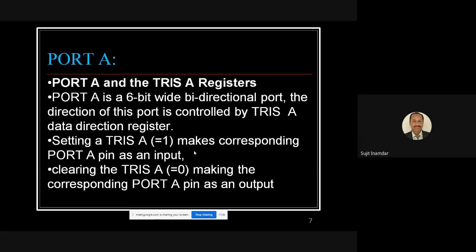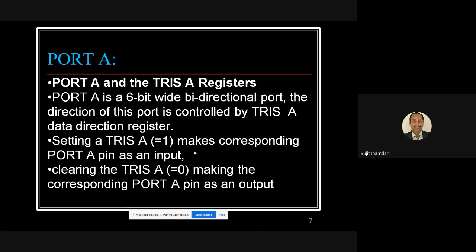That is done by using the TRIS command. For example, setting TRIS-A equal to 1 means it will work as an input. म्हणजे TRIS-A is equal to 1 अशी जर कमांड दिली तर त्याचा अर्थ होतो की पोर्ट ए च्या सगळ्या पिन्स इनपुट म्हणून वर्क होतील.